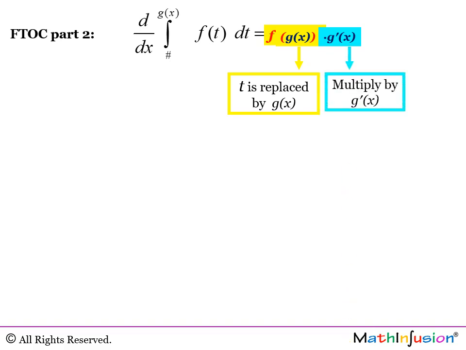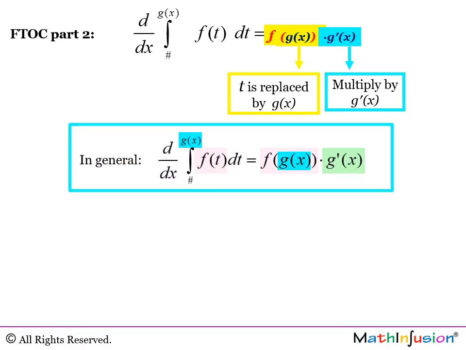This is the derivative of g of x. In general, we get that d dx of the integral between a number and g of x of f of t dt equals f of g of x times g prime of x, provided obviously that f of t is a continuous function on the proper interval.